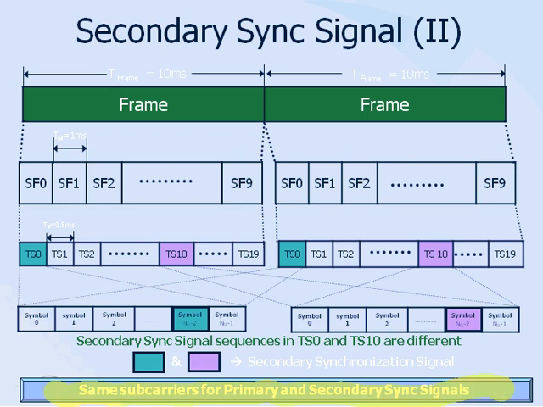So from the frequency perspective, both the primary and the secondary signals are using the same 72 subcarriers. However, in terms of time, the last OFDM symbol here of time slot 0 and time slot 10 carries the primary signal, and the second last carries your secondary signal.